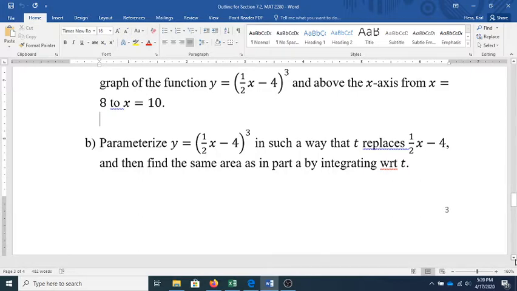We're going to parameterize this function the same way we parameterized it before. We're going to let t replace 1/2 x minus 4, which means that x will be 2t plus 8. Then we're going to find the same area by integrating not with respect to x, but with respect to t.